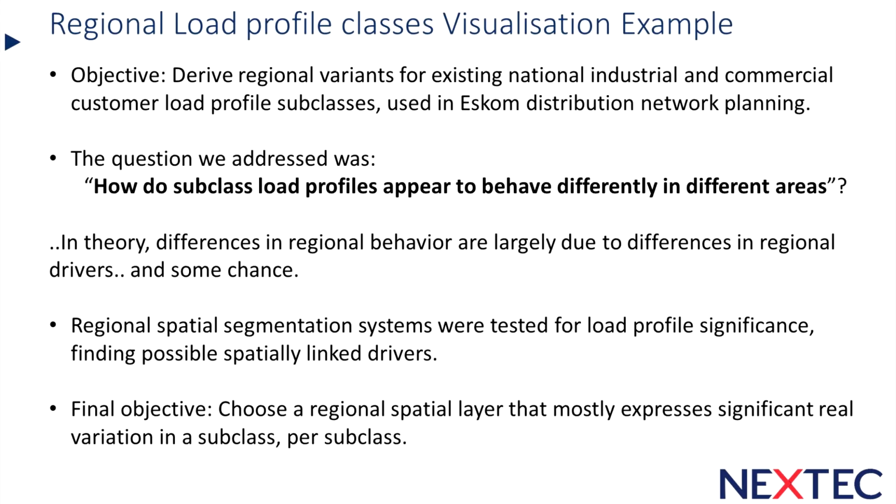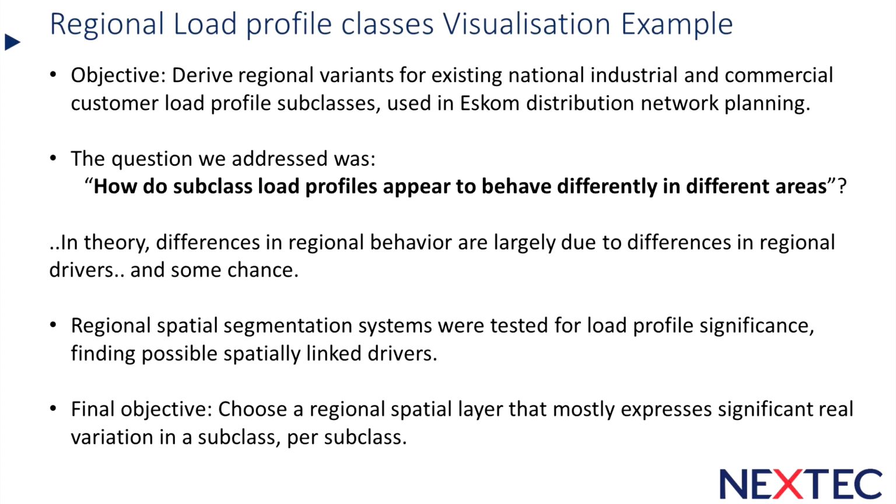And the question we addressed was, how do the national load profile subclasses appear to behave differently in different regions of the country? So in theory, the differences is regional behavior, but at first we are not sure what the regional splits are and what is causing the regional behavior, and some of it is by chance.